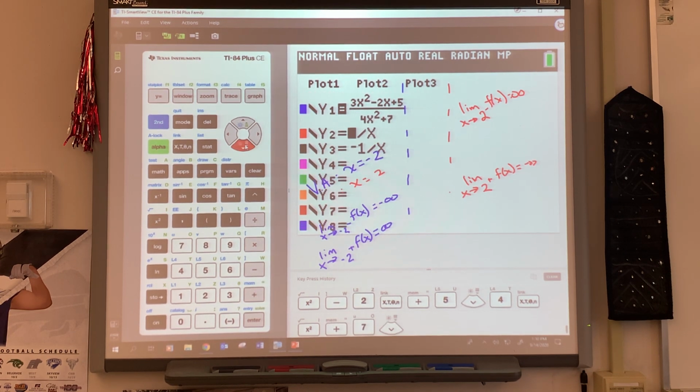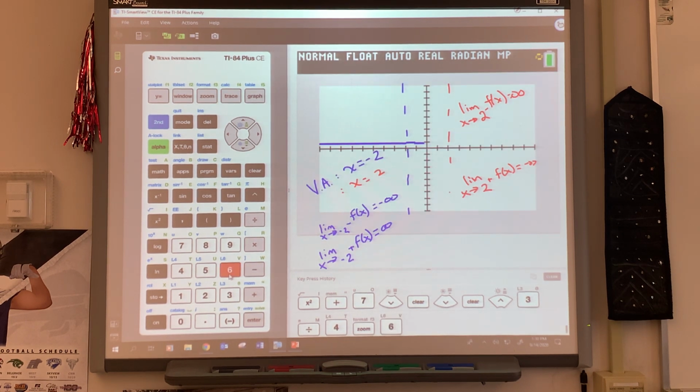Okay, so there's one function. Clear, and then I'm just going to graph our end behavior model, 3/4. Now, on my standard window, let me clear some of this other stuff.